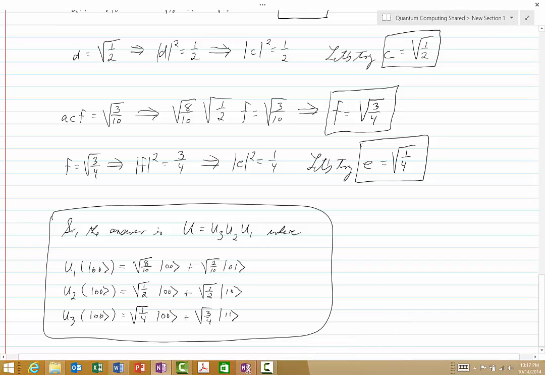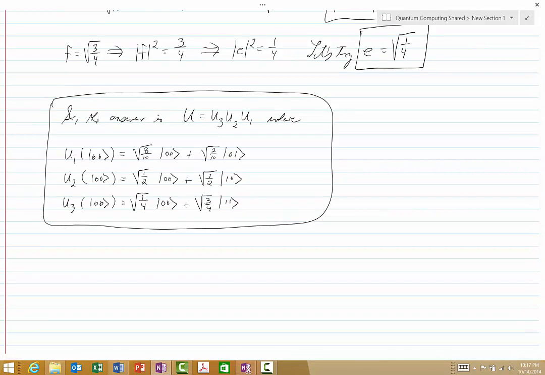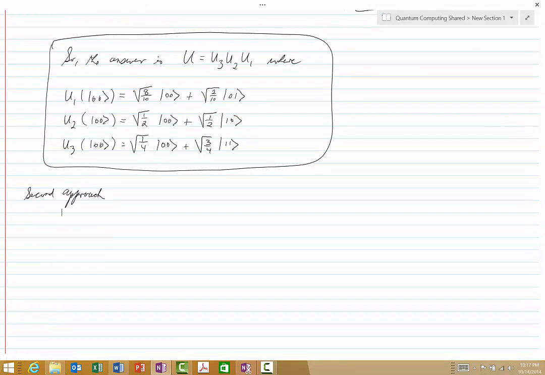Now the second approach is one that many students used in trying to solve problem 20.3, and I want to talk about it a little bit as well.